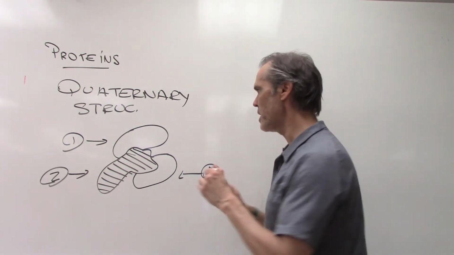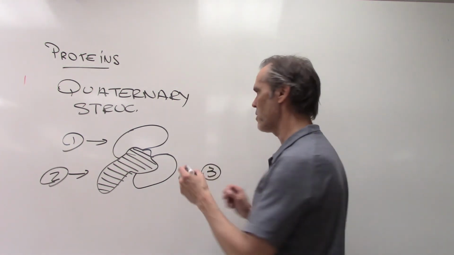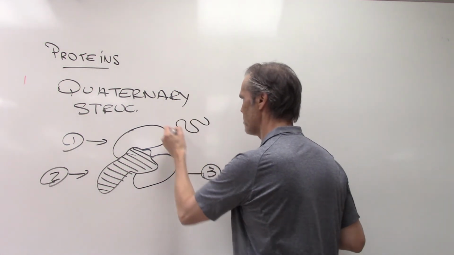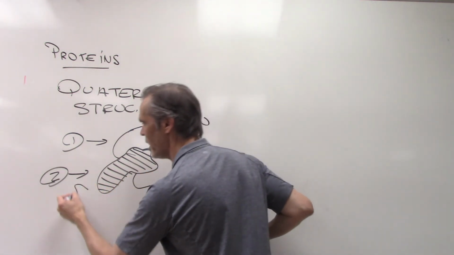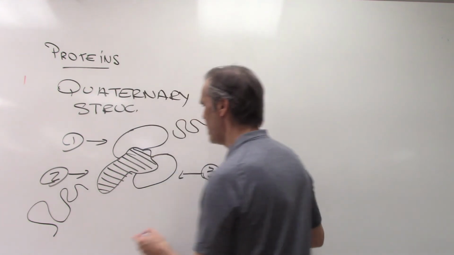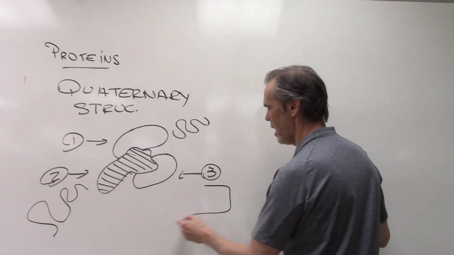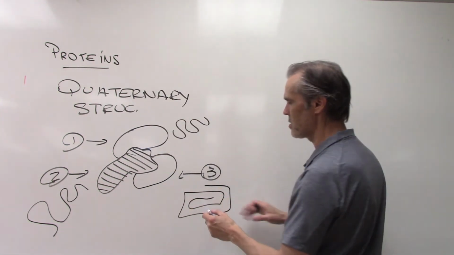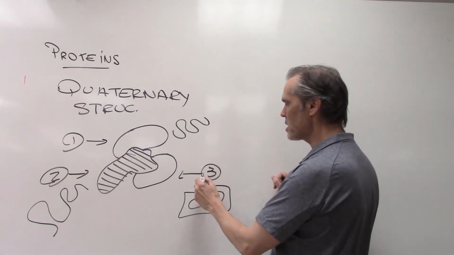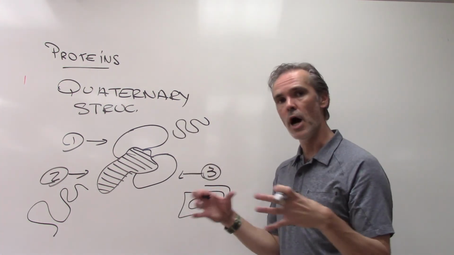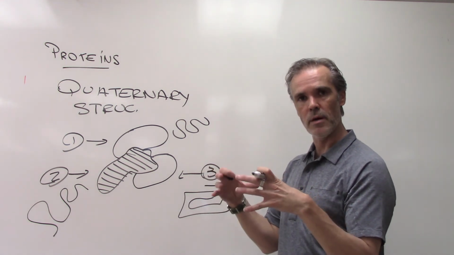A subunit, if I draw only the primary structure, I could have something like this. And then for subunit number 2, I could have something like this. And then for subunit number 3, something like that, right? So those are all the primary structures. You see, they're not connected with one another. There's no peptide bond between them.